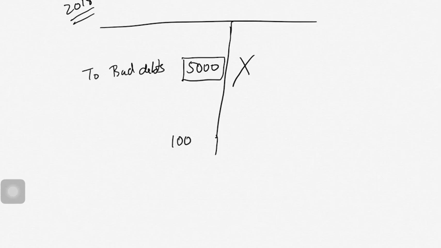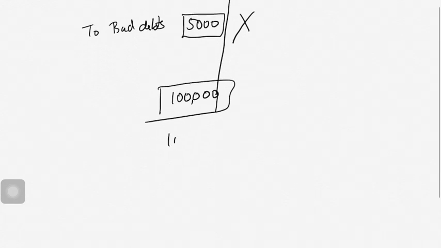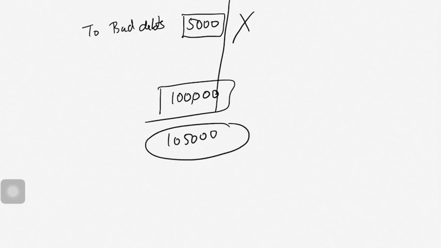Now suppose your profit is 1 lakh. You know your profit is 1 lakh and you want to pay tax on 1 lakh. But the income tax officer is saying this 5,000 I am disallowing. You will pay tax on 1 lakh 5,000. You have to add back the expense when it is disallowed, correct? So now, because the income tax officer has asked the businessman to pay tax on 1 lakh 5,000, you pay tax on 1 lakh 5,000.